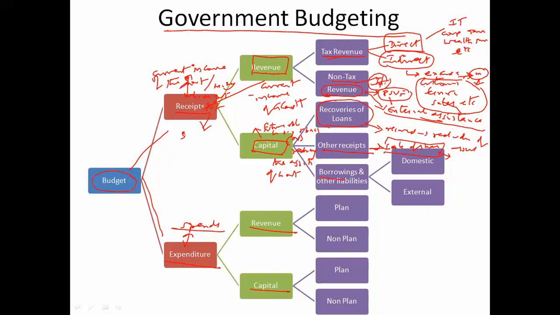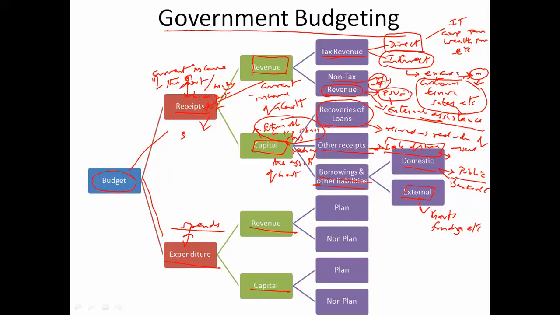Coming to borrowings and other liabilities. So these borrowings and other liabilities can be domestic or external. Domestic may be from public through like Kisan Vikas Patra, etc., or from banks, etc. External means from governments, from these external funds, etc. So, but these borrowings create a future obligation on the government to pay it back.